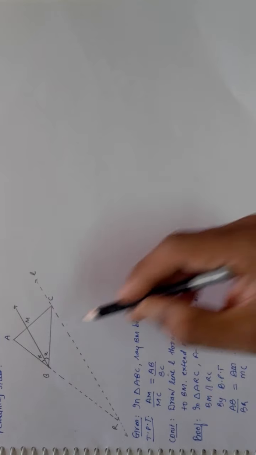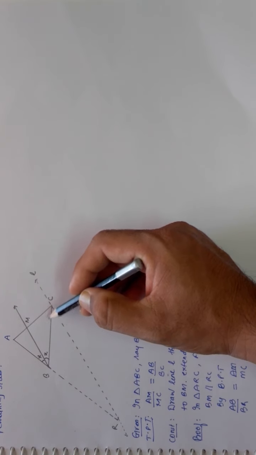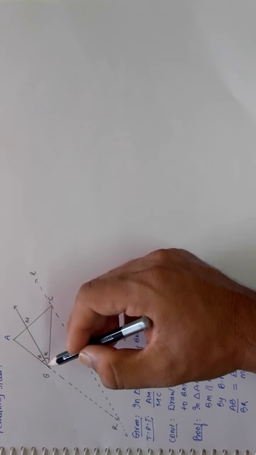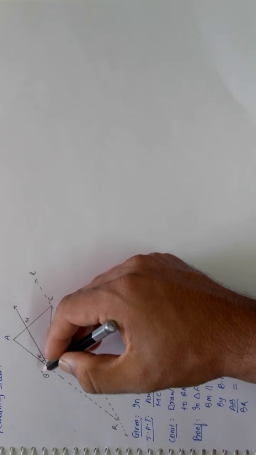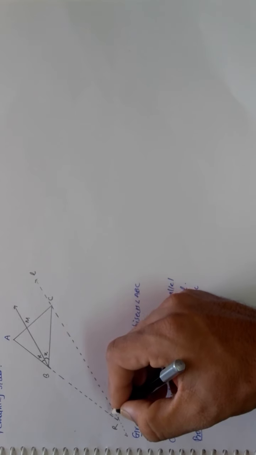If I want BC and remove BR, then BR will be replaced by BC, and that is possible only when BR and BC measure the same. And if they measure the same, that means this triangle BRC must be isosceles. If it is isosceles, that means angle R and angle C must be equal.